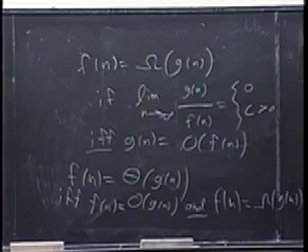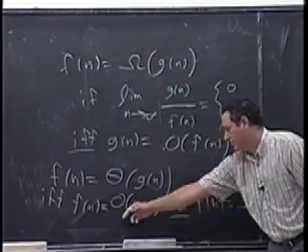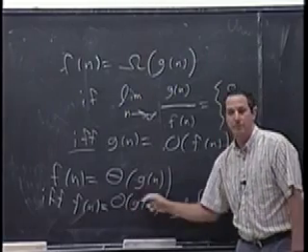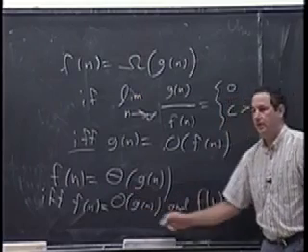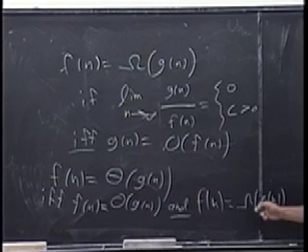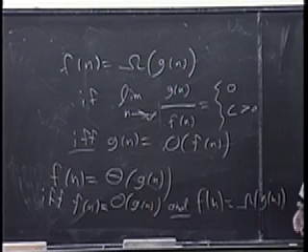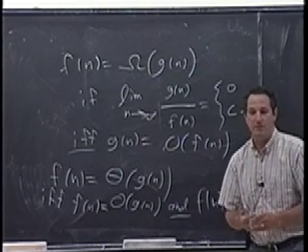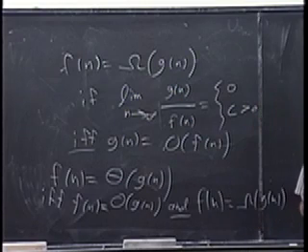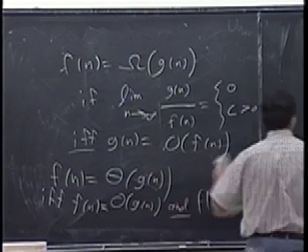So if we have both of those things happening, that it basically grows no faster than g of n and basically grows at least as fast as g of n, then what is it growing as? As g of n. f of n and g of n are growing roughly at the same rate.